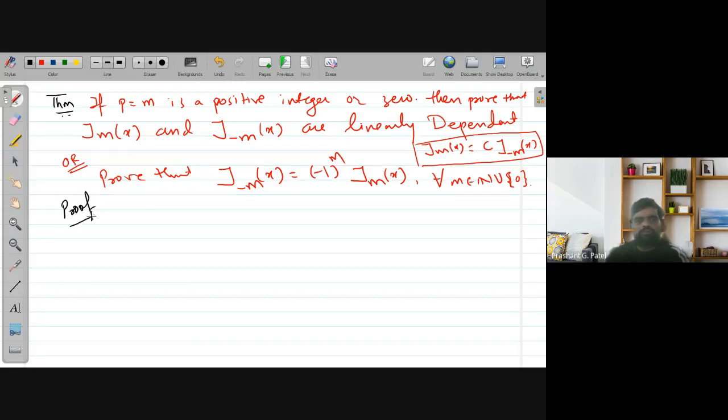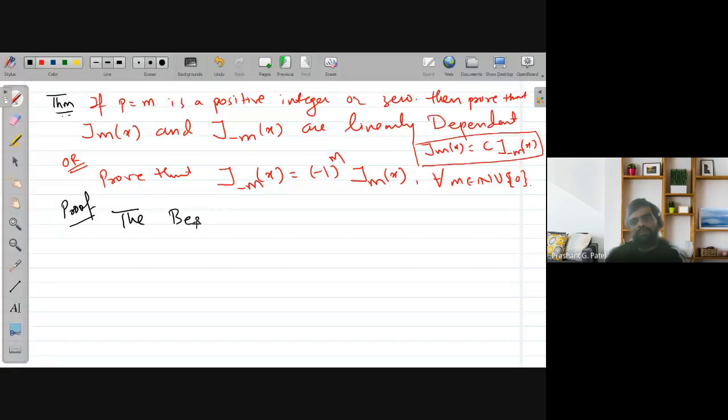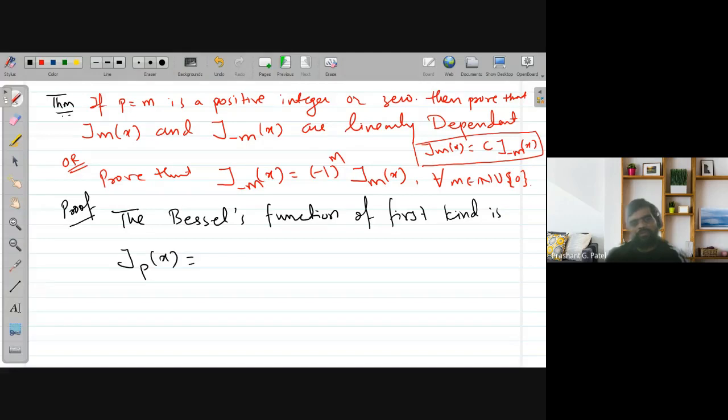The Bessel's function of the first kind, we know that, is J_p(x) equal to summation n running from 0 to infinity (-1)^n upon n factorial into (p plus n) factorial, (x by 2) power 2n plus p.